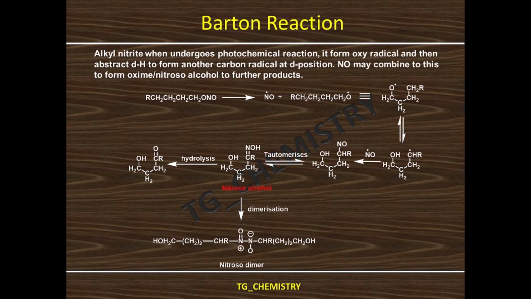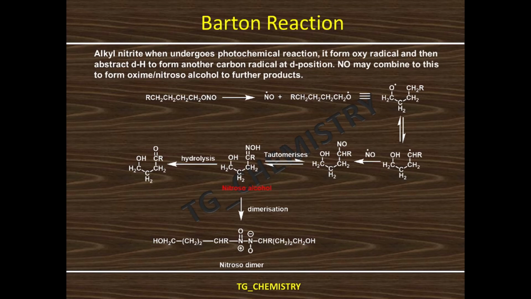This gives the abstraction of the delta hydrogen within the molecule, and often the site of hydrogen atom abstraction can easily be predicted looking at the substrate structure, and this allows the regio and stereoselective introduction of functionality into complicated molecules. And due to this unique property, it can change otherwise inert substrates, and these are also extensively used for the synthesis of unnatural steroid analogs. Okay, so that's why the Barton reaction is quite important.